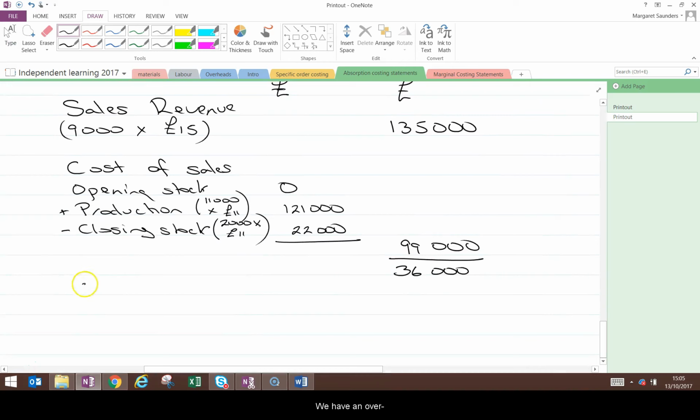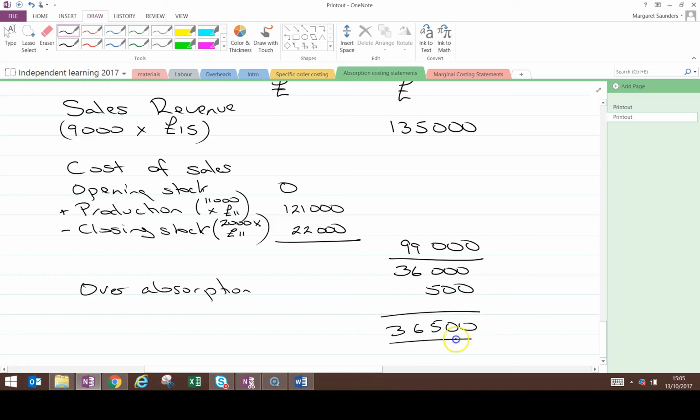So we have an over absorption. So we add over absorptions and we have a final profit figure of £36,500. If there was an under absorption, it would be deducted.